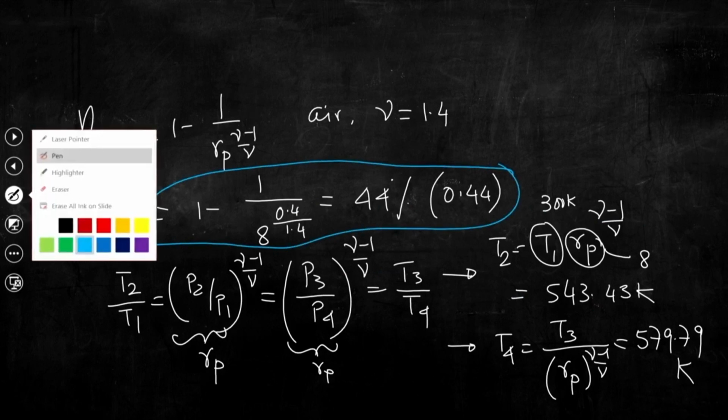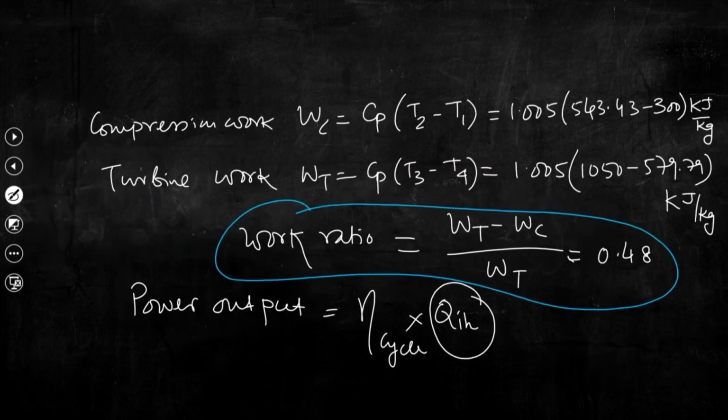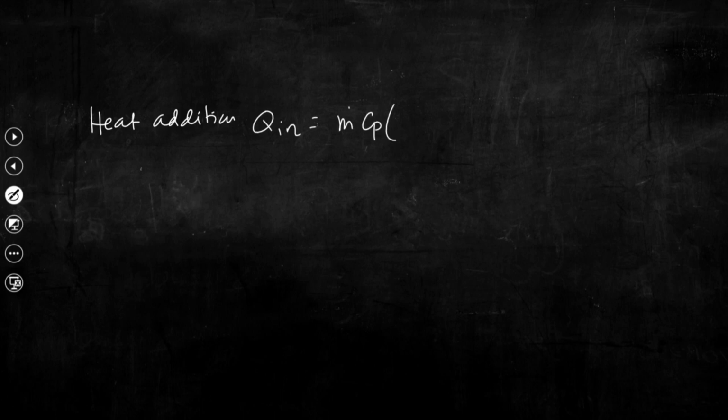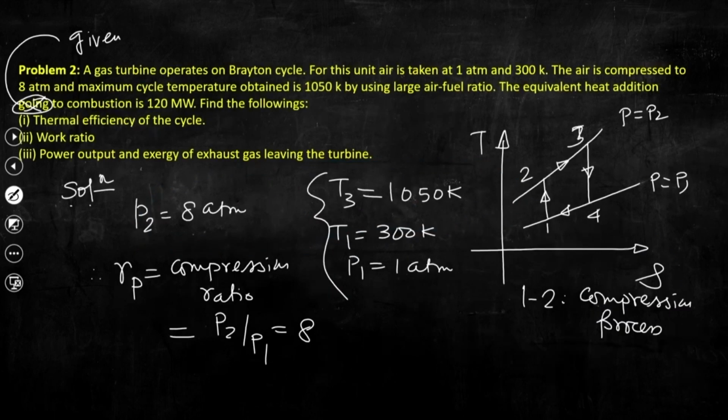Next, we can calculate the heat addition to this unit. Heat addition Q in equals m dot Cp into (T3 minus T2), and that is given as 120 megawatt.